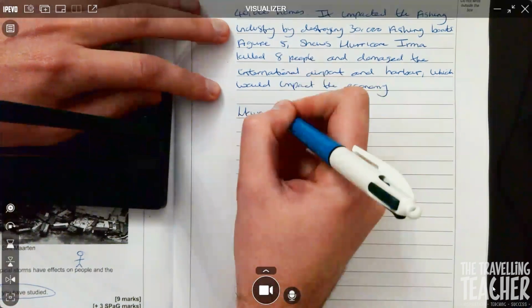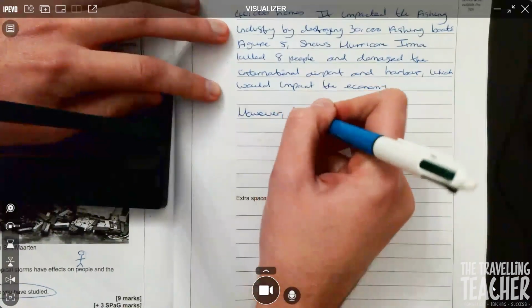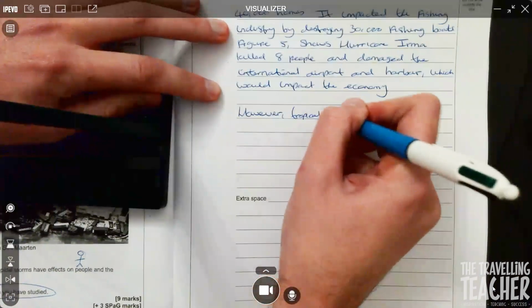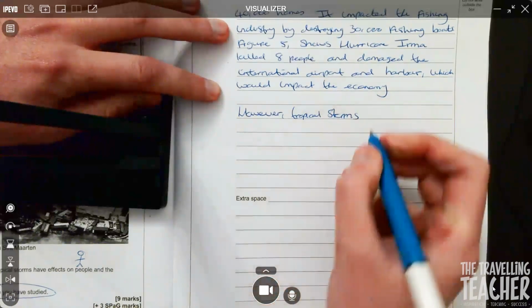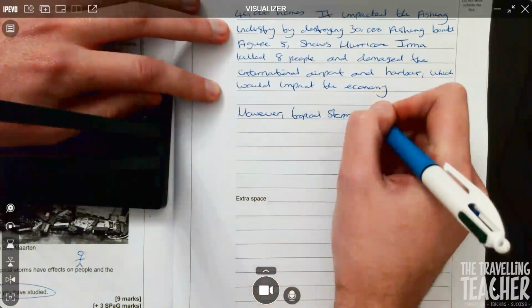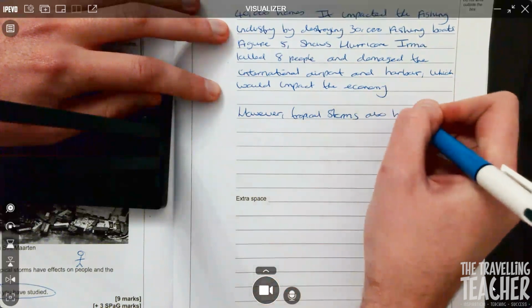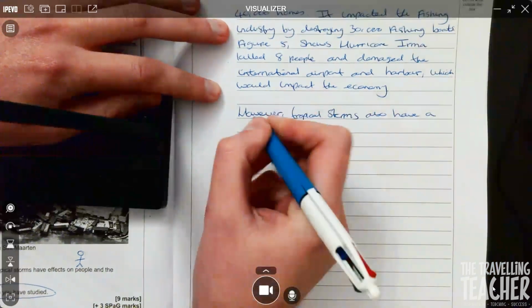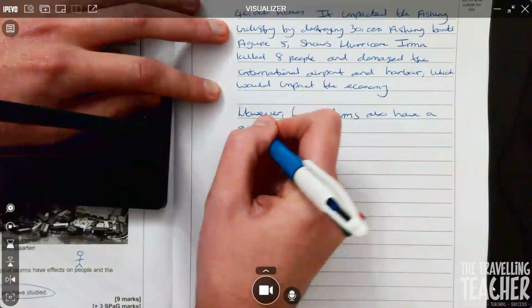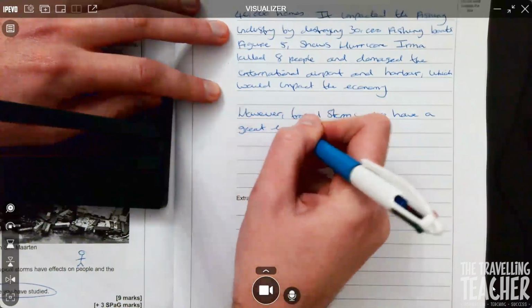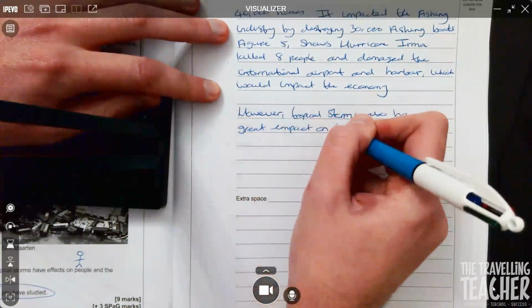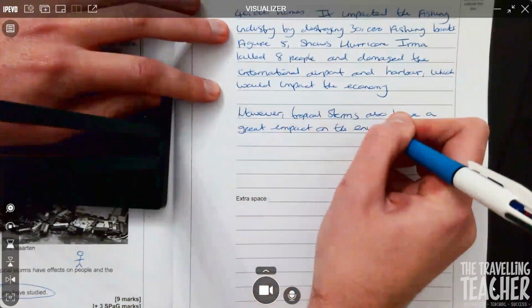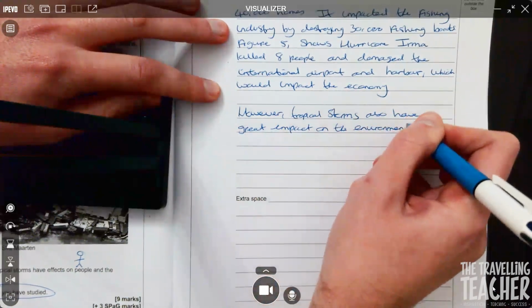However, tropical storms also have a great impact on the environment. Full stop.